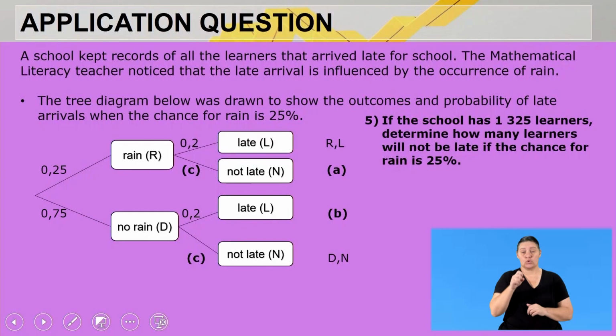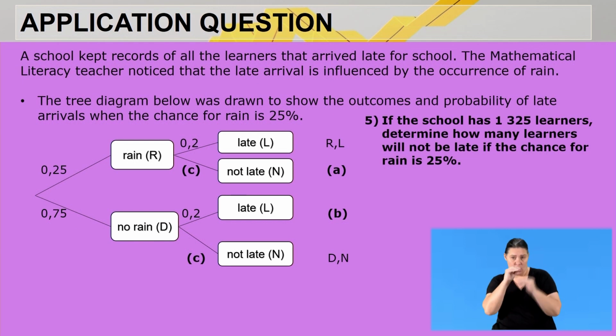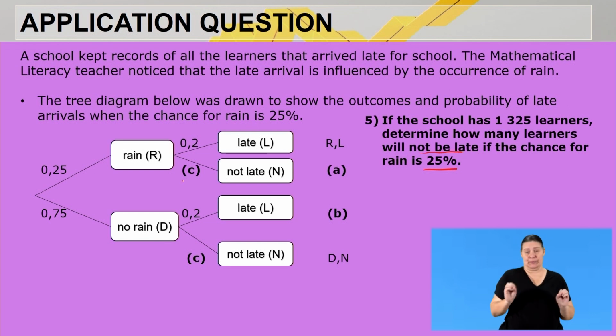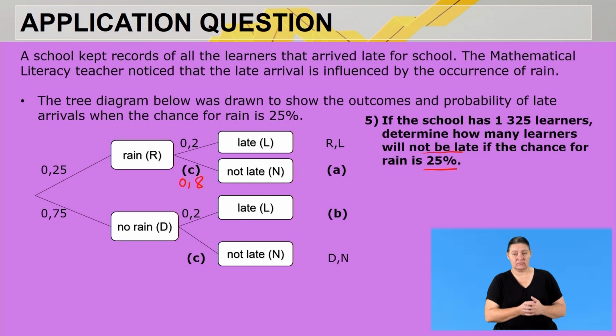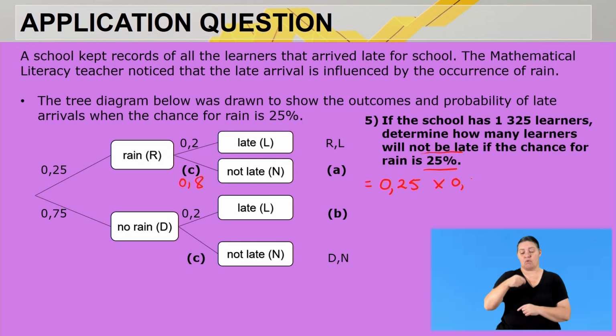All right, let us look at our final question here. Question number 5. It says, if the school has 1,325 learners, determine how many learners will not be late if the chance for rain is 25%. Right? So chance for rain is 25%. And now we are saying they will not be late. Okay? So therefore, that not be late we said is 0.8. Agree? So therefore, I'm going to indicate then equals 0.25 multiplied by my 0.8.